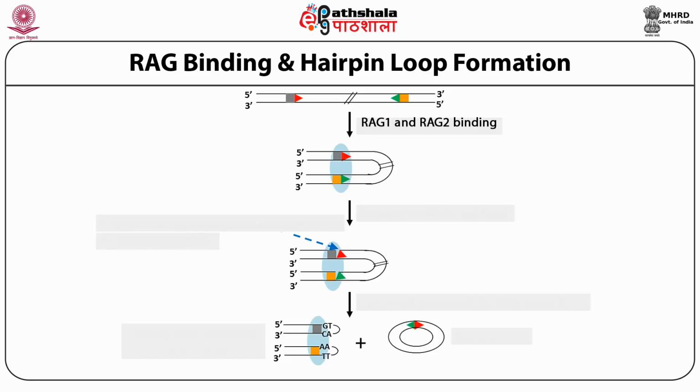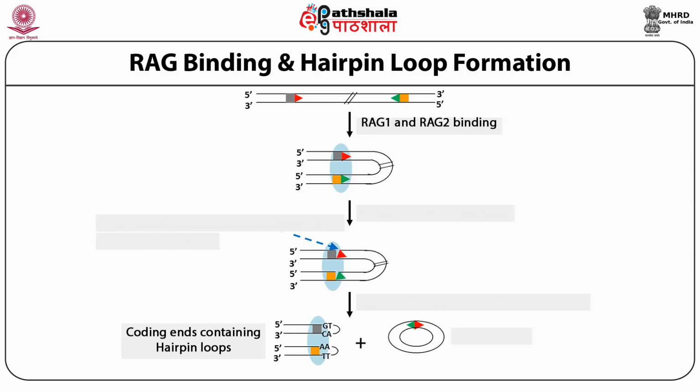Next, the RAG proteins catalyze a transesterification reaction wherein the 3' hydroxyl group at the end of the gene launches a nucleophilic attack on the phosphodiester bond on the opposite non-coding strand. This reaction generates two ends, a coding end with a closed hairpin loop and a blunt signal end.